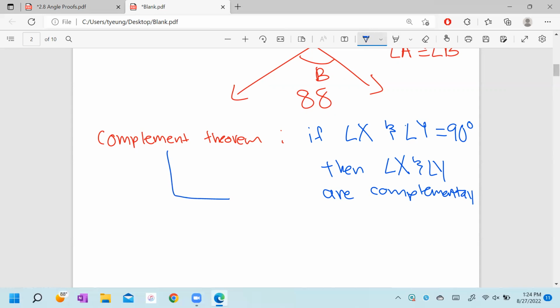So if angle X and angle Y form a right angle, then these two are complementary.